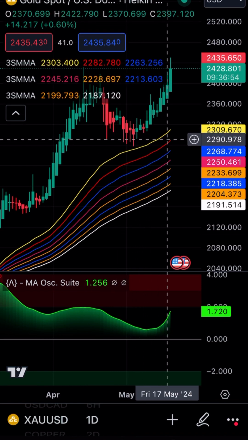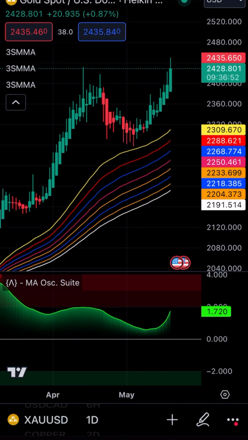You see how far apart they are from each other. This usually tells you the strength of it, because the moving averages, the lines, are not even touching each other. They're not getting entangled. So the direction is still going to be going up long term.